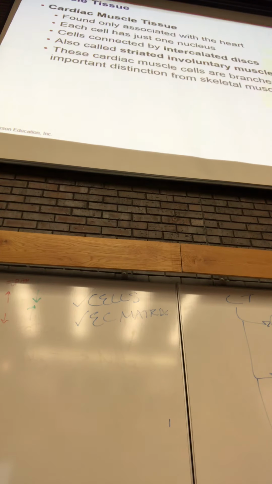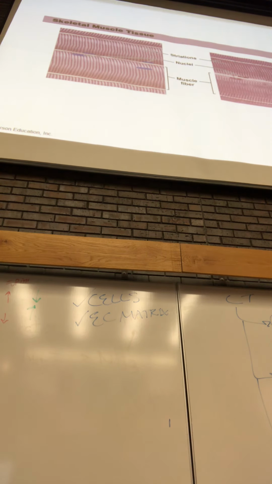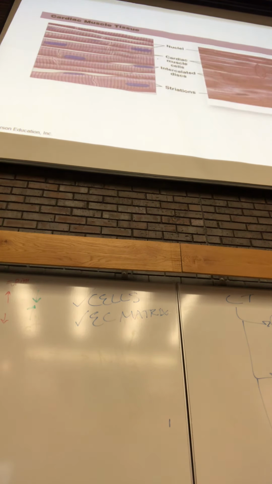The other one does not have darker lines here or there. They're all the same. This one has these darker lines. These cells are branched so that this cell, for instance, has a little branch that connects with that one, and then has another limb that goes down here. So these cells are branching.